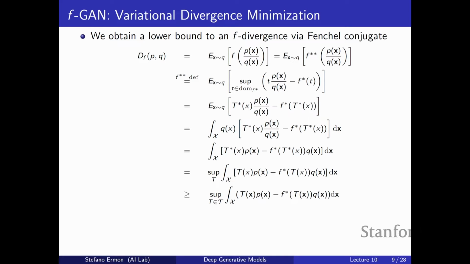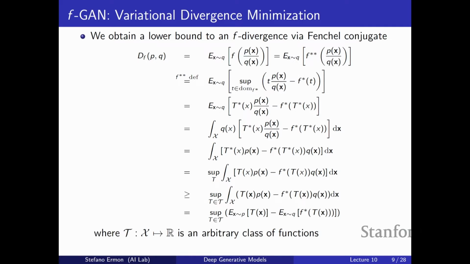What we can say is that you can always optimize over an arbitrary set of functions, a set of neural networks, and that would give you a lower bound on this f-divergence. If instead of optimizing over all possible functions, you optimize over a set of neural network architectures that you're willing to consider, you're always going to get something that is less than or equal, because you might not have sufficient flexibility for mapping x to the corresponding value T star of x that you would have gotten if you could solve this optimization problem exactly.